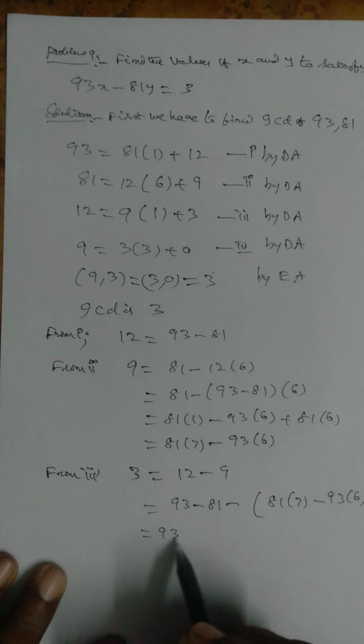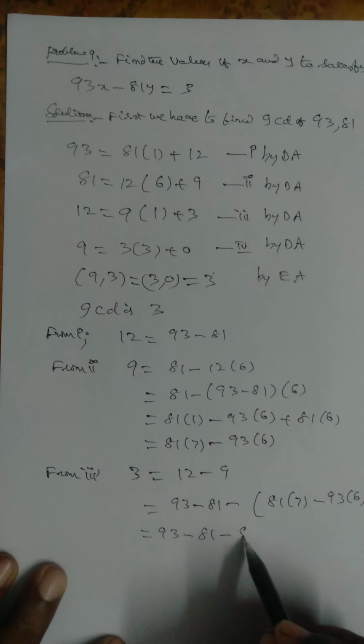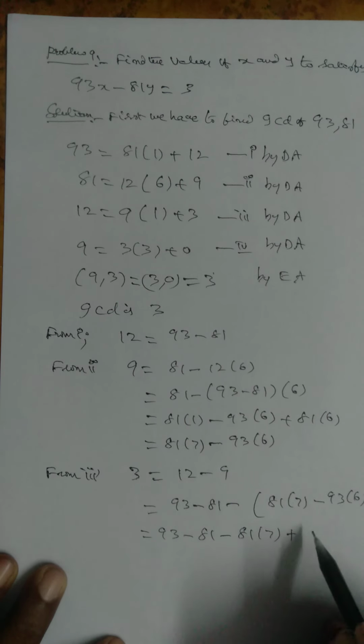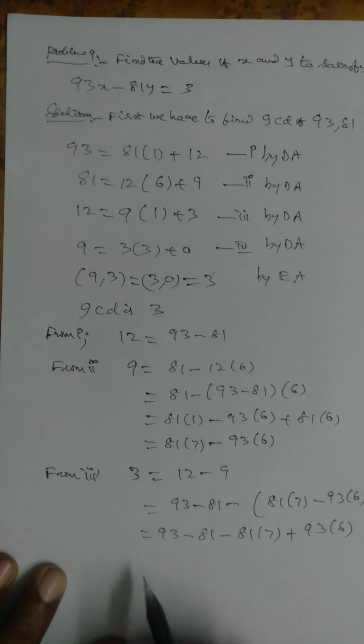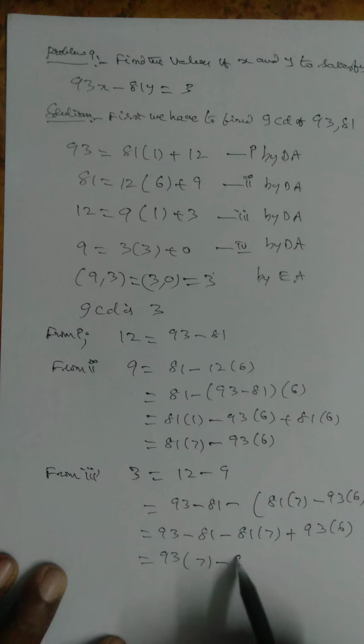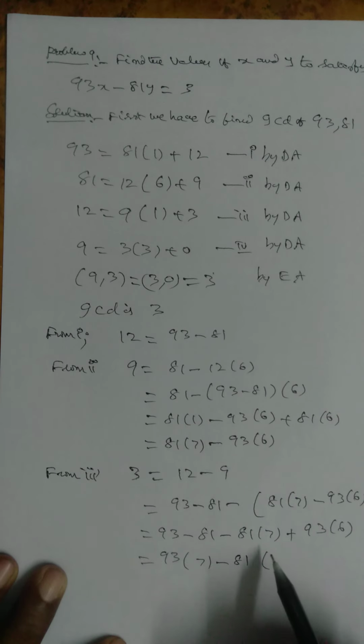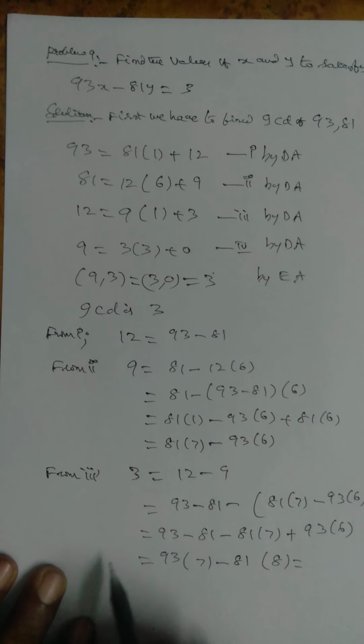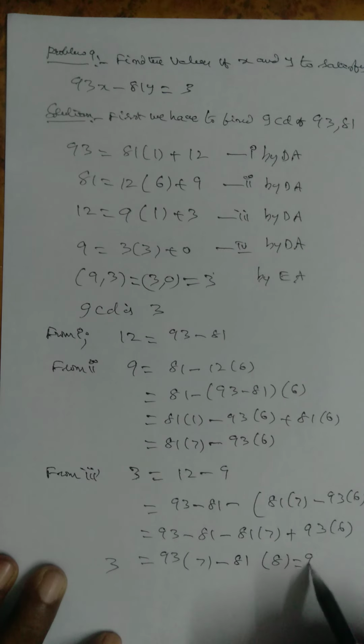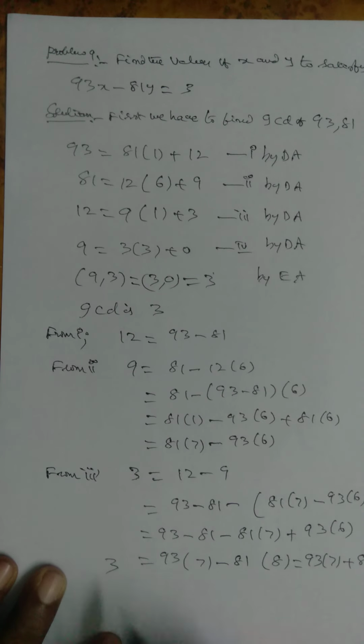So 93 minus 81 minus 81 into 7 plus 93 into 6. 93 into 1 plus 6, 7. 81 into 1 plus 7, 8. So you write this one: 3 is equal to 93 into 7 plus 81 into minus 8. So 3 is equal to what is given, 93x minus 81y.